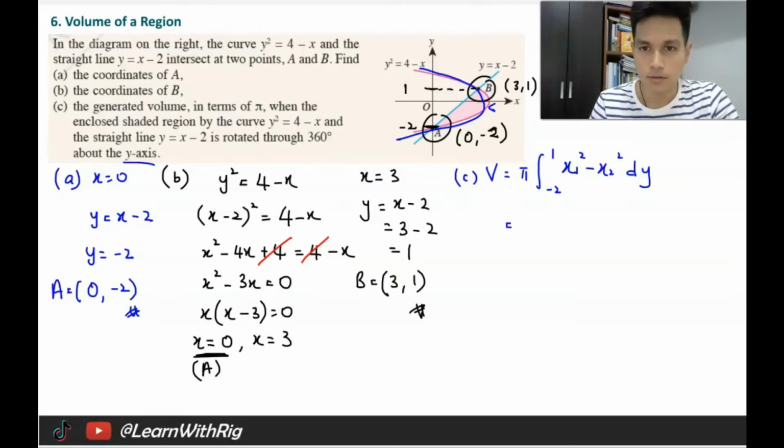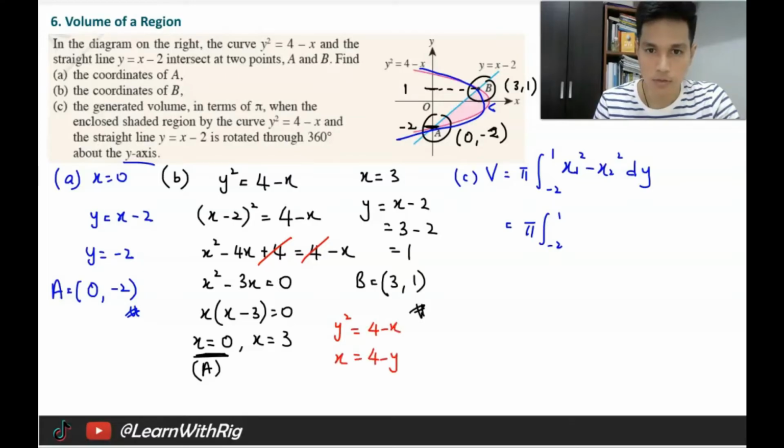So pi times the integral from -2 to 1. Now the second thing is we need to convert the equation into x, make x the subject. So y squared minus 4 equals 4 minus x. I shift this, I get x equals 4 minus y squared.